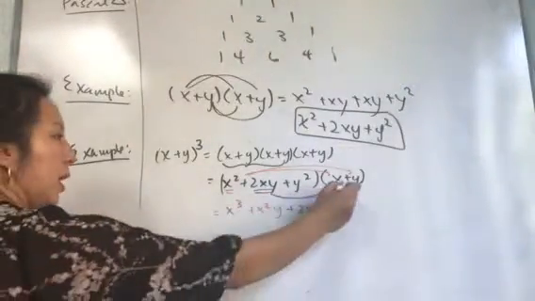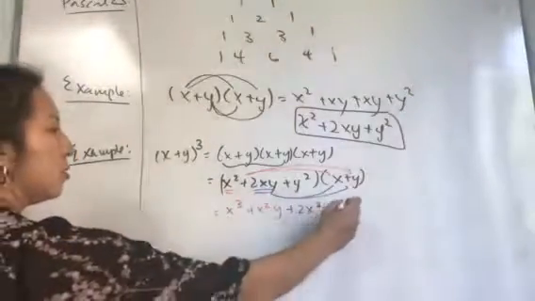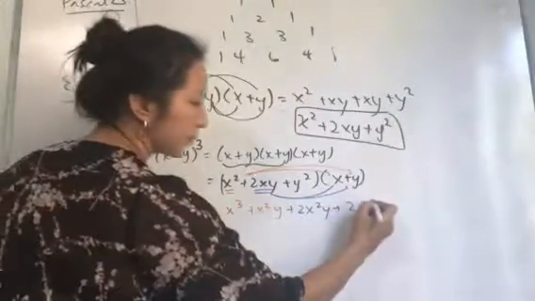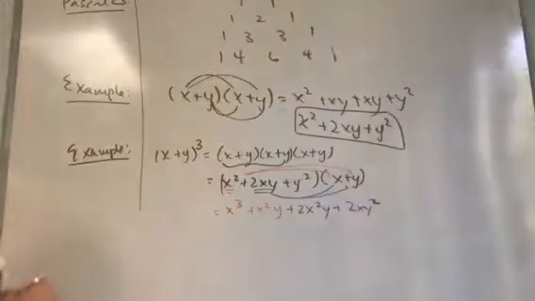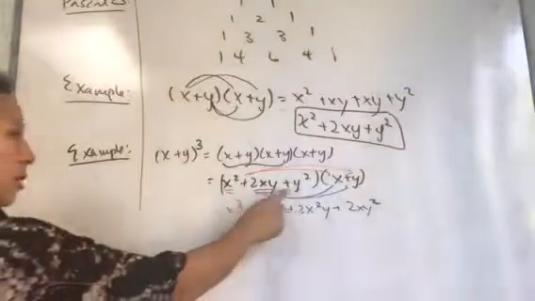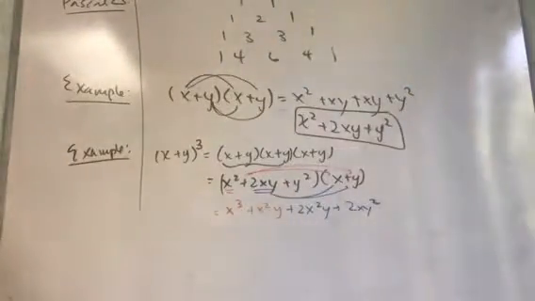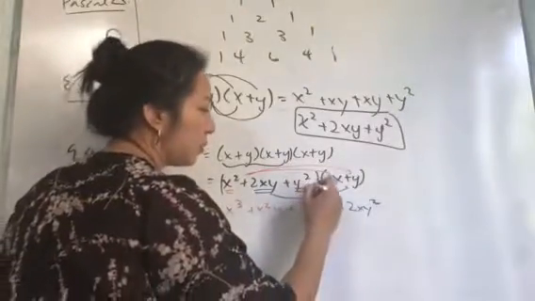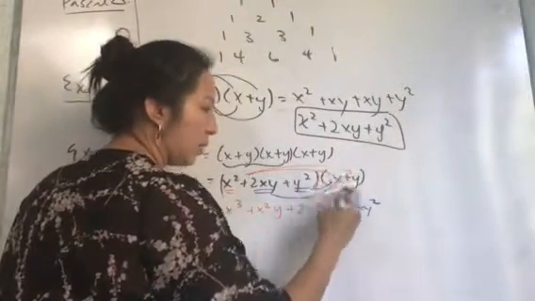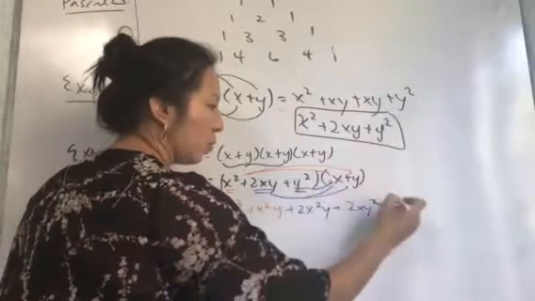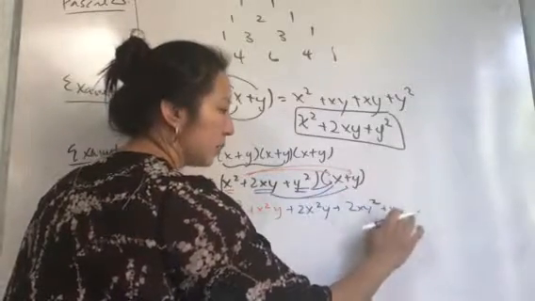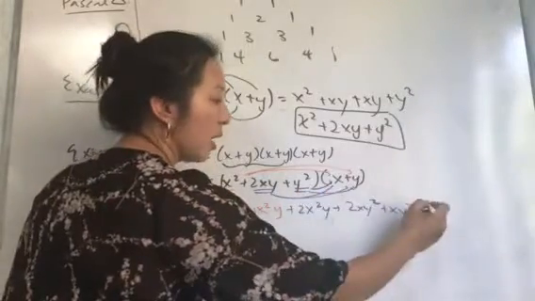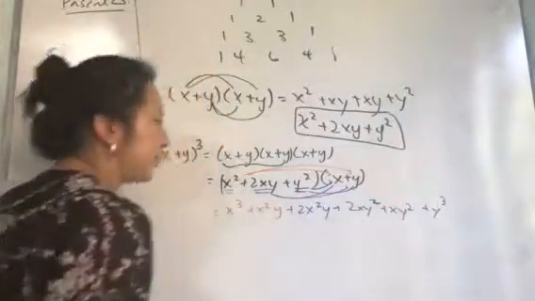Then distribute this one out to the y, and I get 2xy squared. All right, so we've exhausted that second term in this trinomial. Now we have to go to the third term, which is the y squared. And if we distribute this to the x, we get plus xy squared. And then the y squared times y is y to the third.